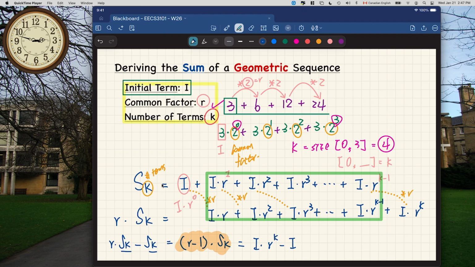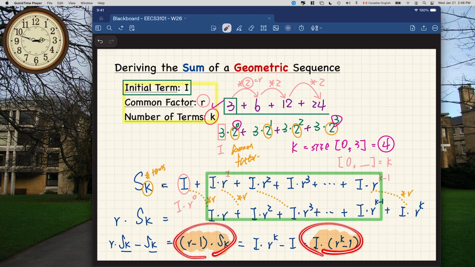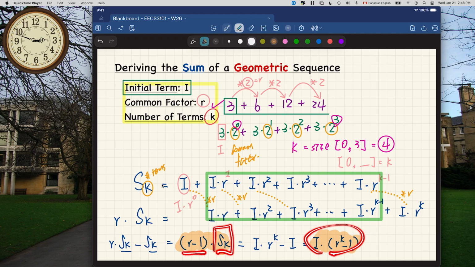And then we can do a little bit more simplification. That one there would be I times r to the k minus 1, right? So now let me also highlight that one there. We're saying this term over here is equal to this. We want to find the solution for sk. Well, we can simply divide this one by this, right? Easy math.